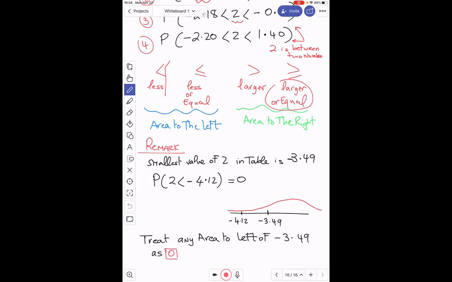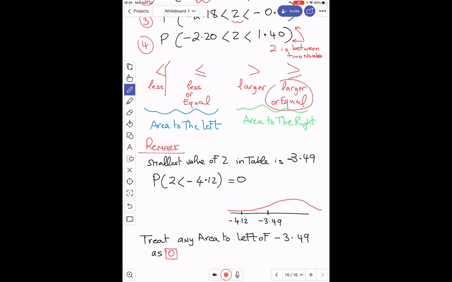It's going to be very, very close to 0 actually, so you can just say it's 0.